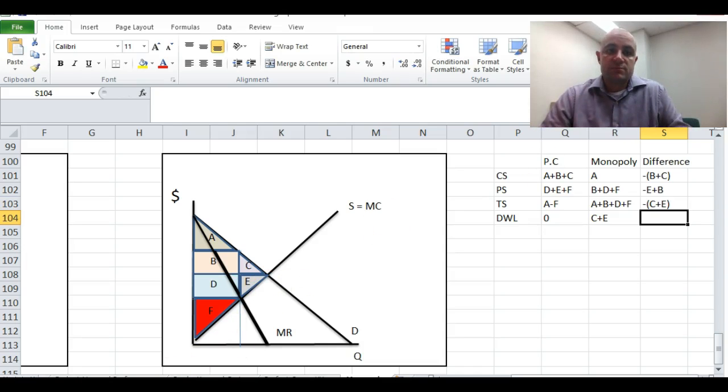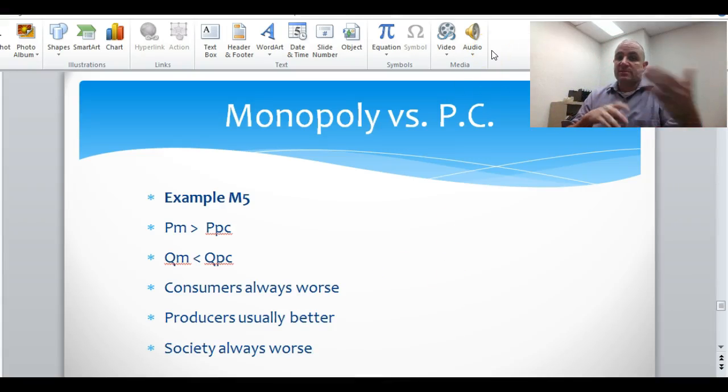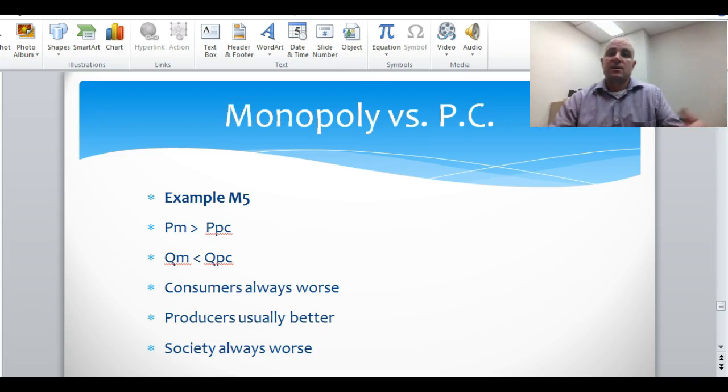So if we go back and just summarize this, with perfect competition versus a monopoly. In a monopoly, price is going to be higher, quantity is going to be lower, consumers are always going to be worse off because they're paying a higher amount and getting less. Producers are usually going to be better off as a whole, and society is always going to be worse off.